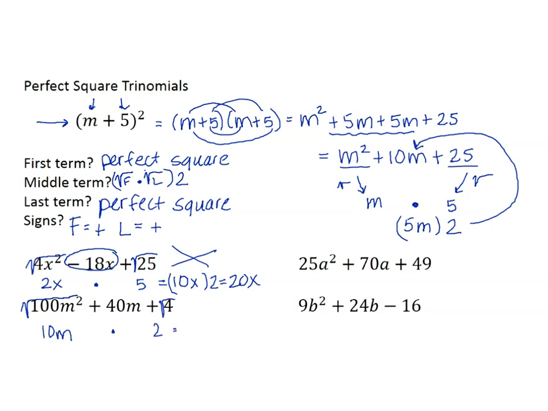Multiply them together, I get 20m. And then I double it, and I do get my middle term. So this one so far checks out. The last thing I need to check for are the signs. The first and the last must be positive. First one's positive, last one's positive. This one gets a big check because this one checks out.